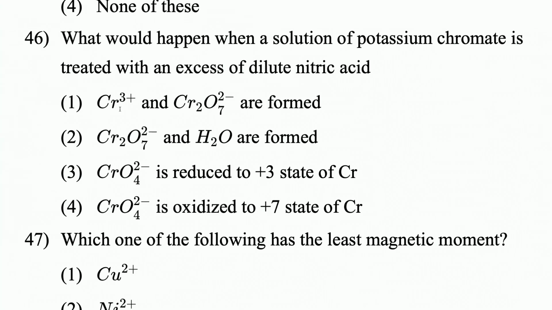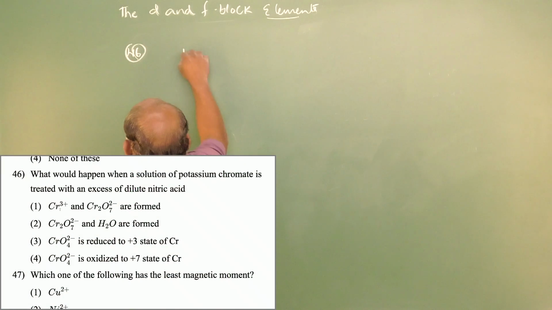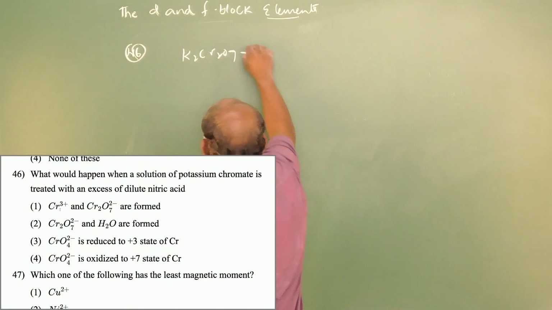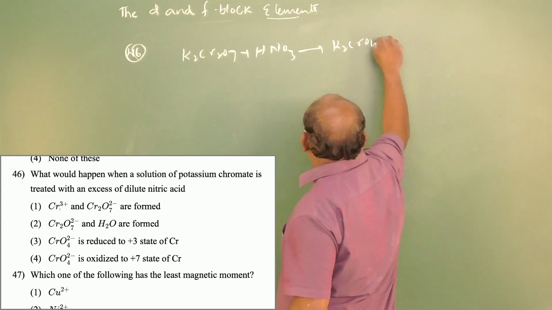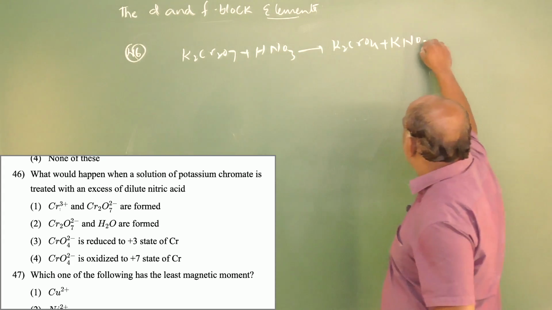So here, what reaction takes place? K2Cr2O7, potassium dichromate, and HNO3 give rise to K2CrO4, KNO3 plus H2O.